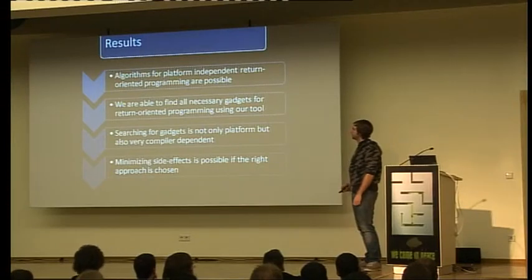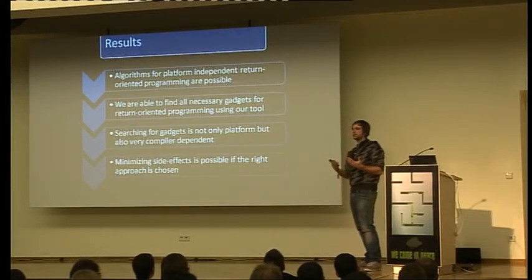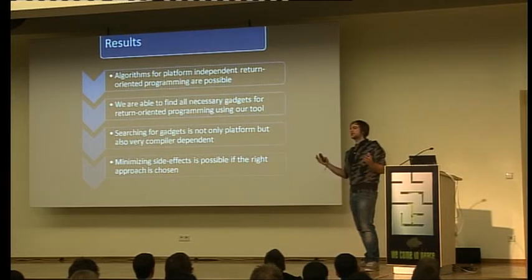Searching for gadgets is not only very platform dependent, but also very compiler dependent. In the initial tests that we did, in the middle of this year and last year, we found that if you compare the same source code output from a Visual C compiler, a GCC, and maybe a Borland compiler or something, they emit totally different code. And depending on the optimization level, they emit totally different code.